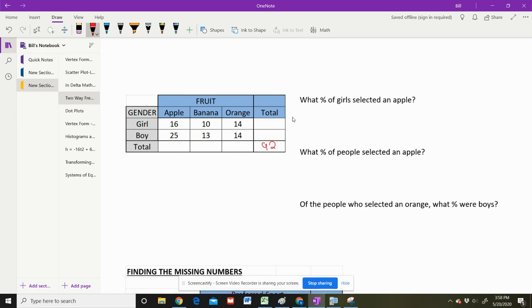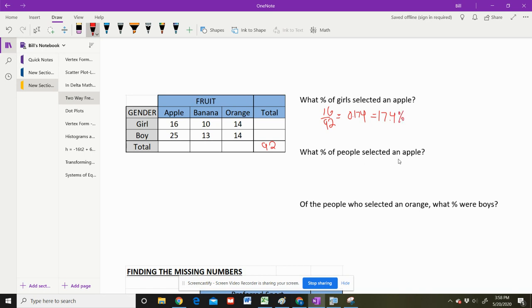I didn't put that in the table. So what percent of girls selected an apple? This is going to be 16 divided by 92. Again, this is the one that we did up above. It gives me 0.174, which equaled 17.4%.